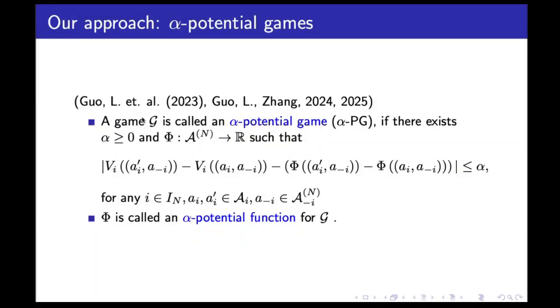In the special case where alpha is 0, it is just a macro potential game. But now we allow this flexibility to study a more general class of games. And such a phi, in order to highlight the dependence on alpha, we call an alpha potential function.